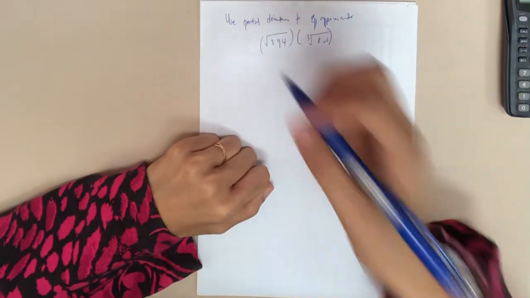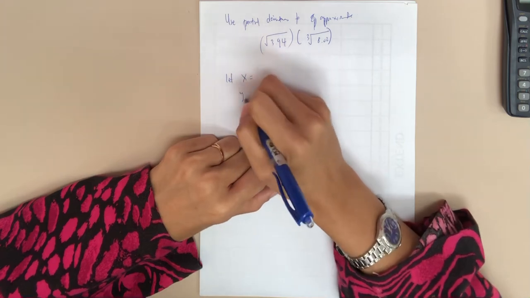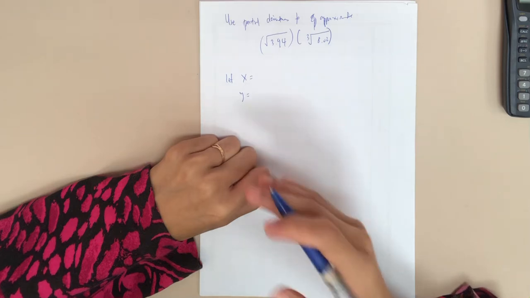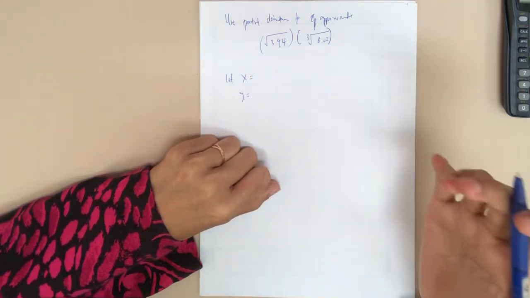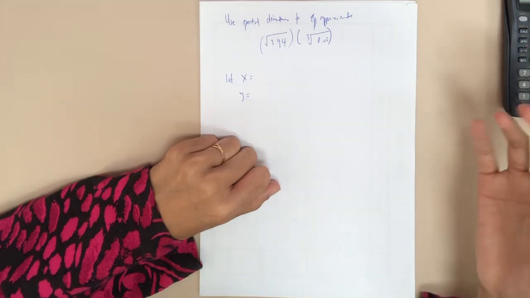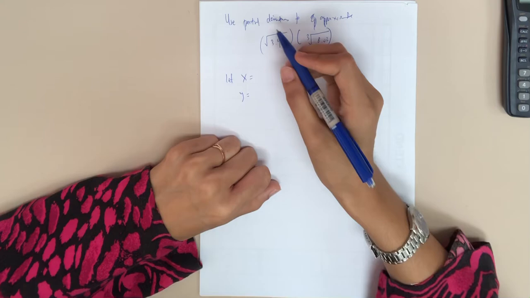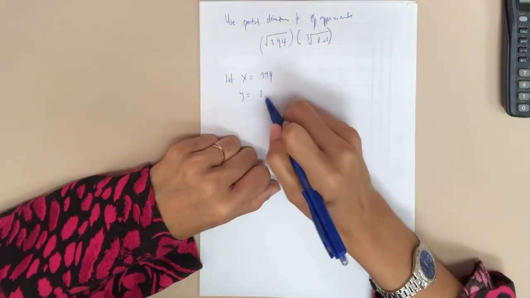So what we need to do is let which one is your x and which one is your y. Either one is fine, no problem. But for the first term, we will take it as x. The first term that we meet here is 3.94, so it will be your x, and then this is your y.